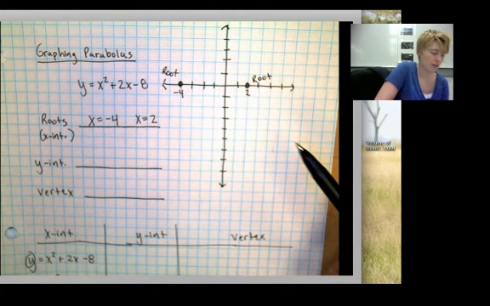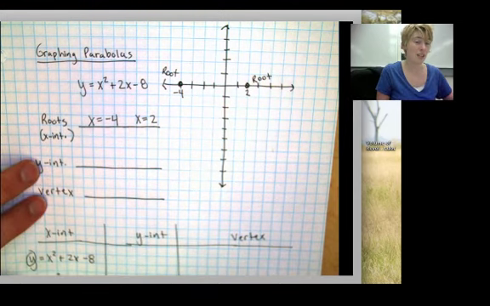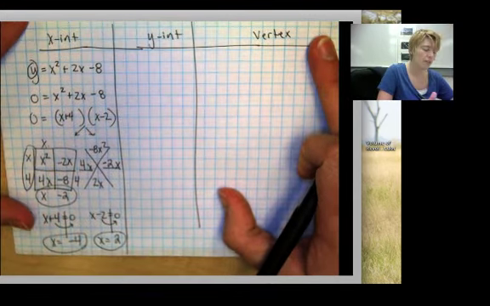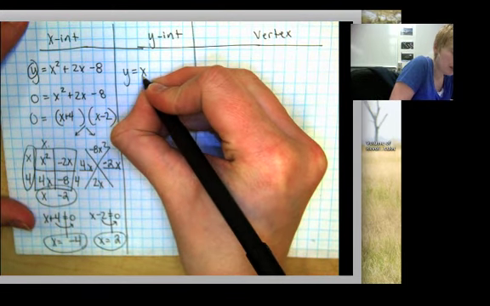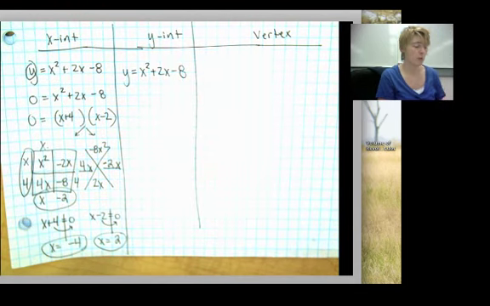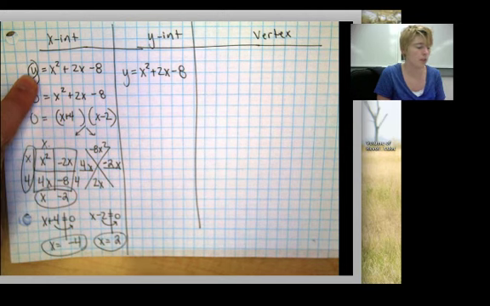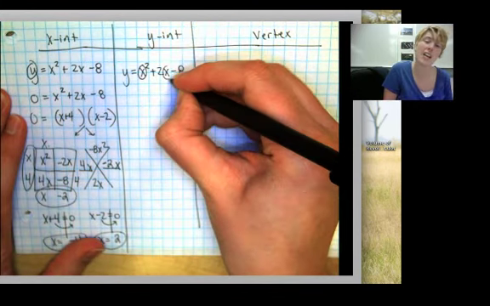So now we go after the other facts, the y-intercept and the vertex. These other ones are going to be easier in comparison. So let's go back down here. For the y-intercept, we're going to take the rule, y equals x squared plus 2x minus 8. And remember what we did for the x-intercepts. We substituted in 0 for y. Well, I'm going to do the opposite over here. I'm going to substitute 0 in for x.